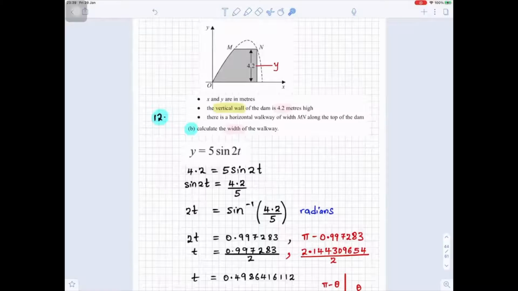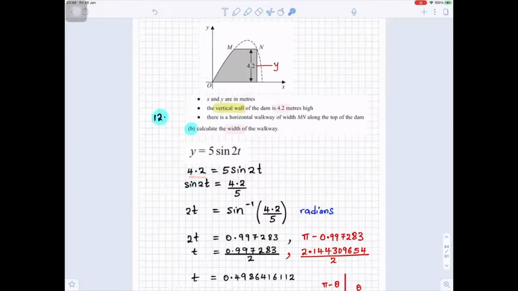We are given that y equals 5 sine t, and y represents the vertical height, or the y-axis. They've told us that is 4.2, so we replace y with 4.2. Very important: the 4.2 meters is the vertical wall, and that 4.2 replaces y.